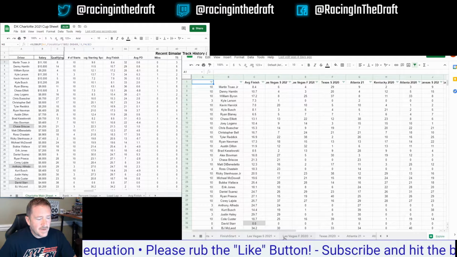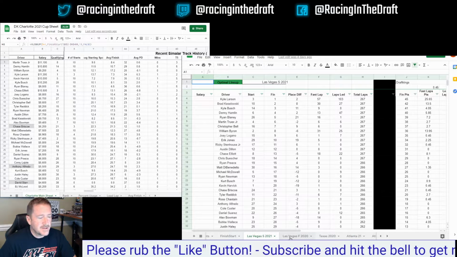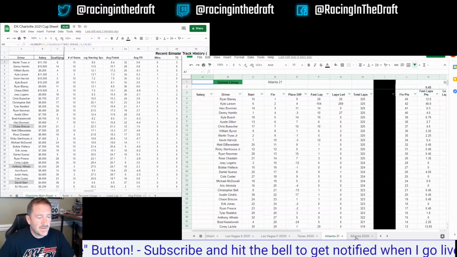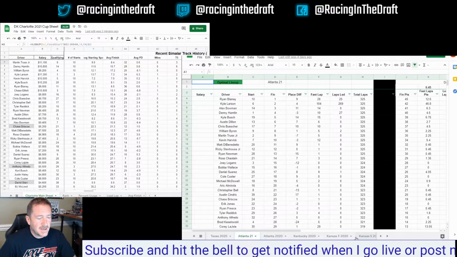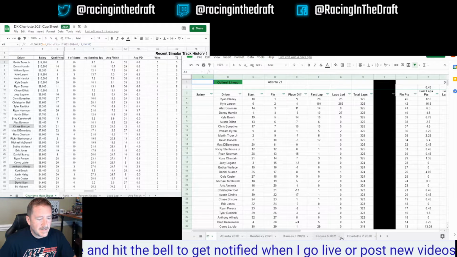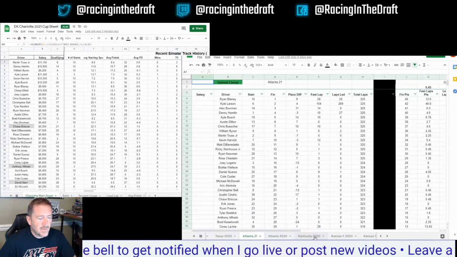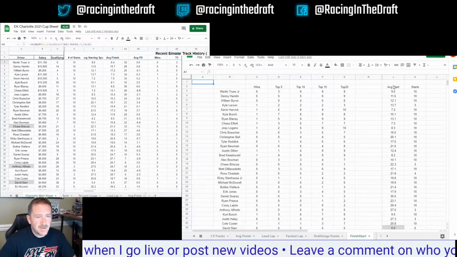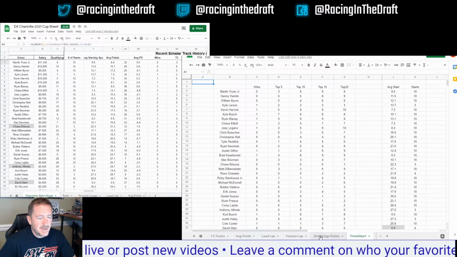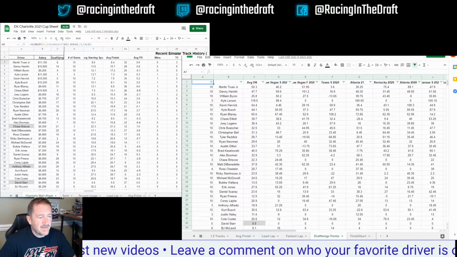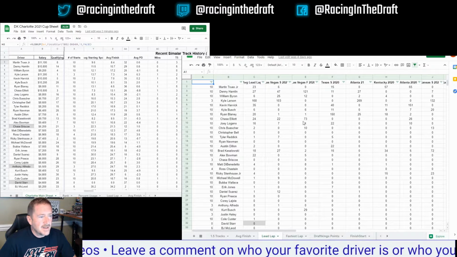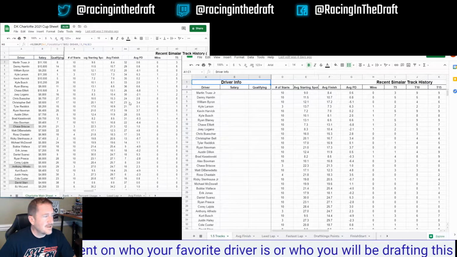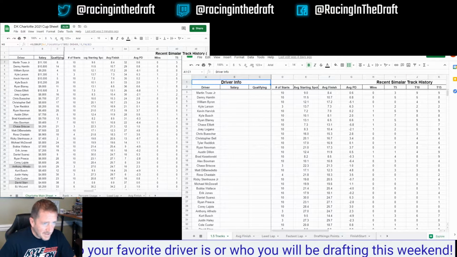What this is showing is I've literally got Las Vegas from 2021, the fall, Texas, Atlanta in 2021, Kentucky, Kansas, and Charlotte. So with all 10 of those combined, that gives me their average starting spots and finishing spots, their DraftKings points averaged out, their fastest laps, laps led, average finishes, and I use this sheet as my transfer sheet over to this sheet.